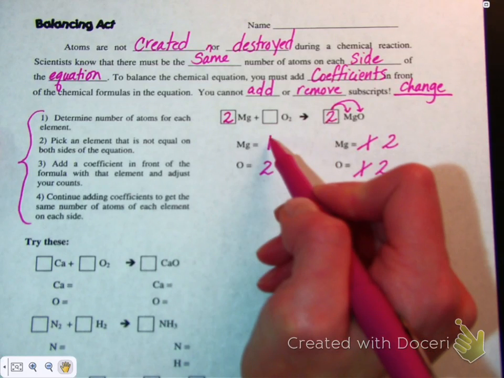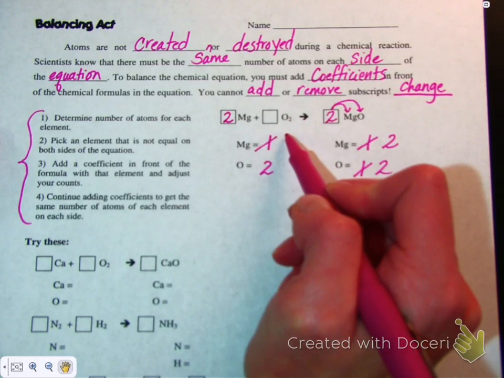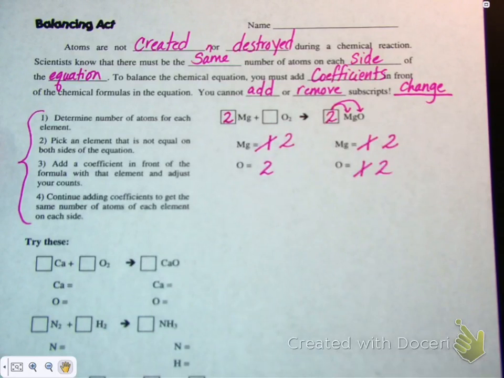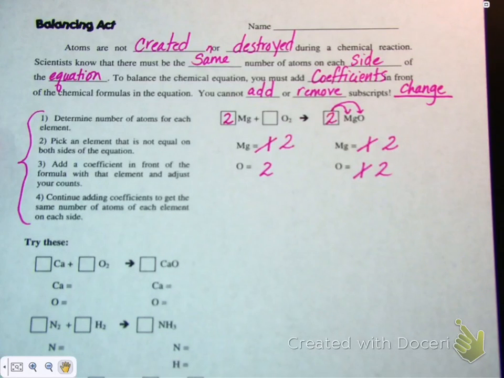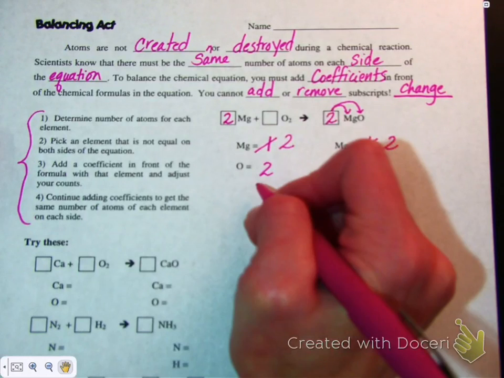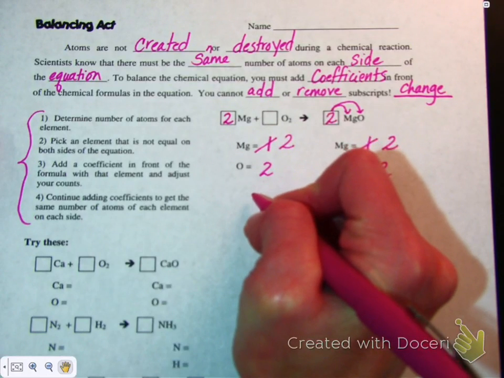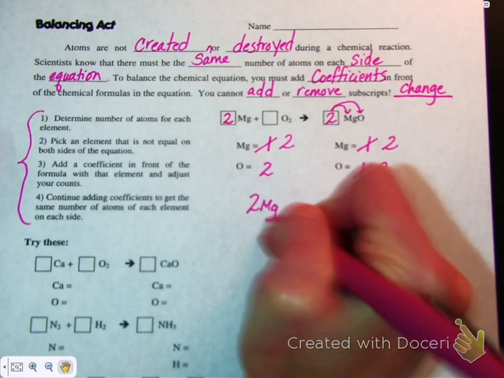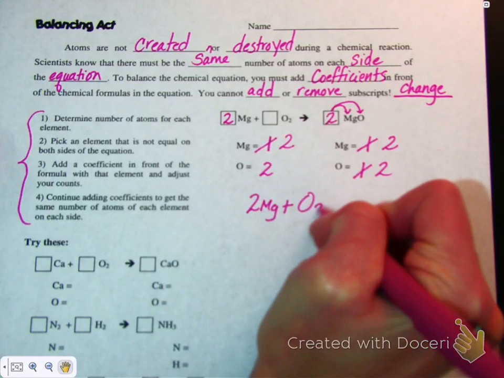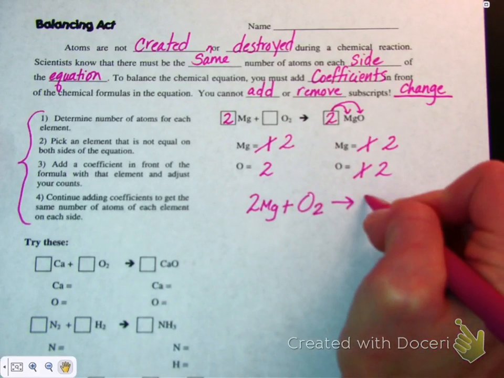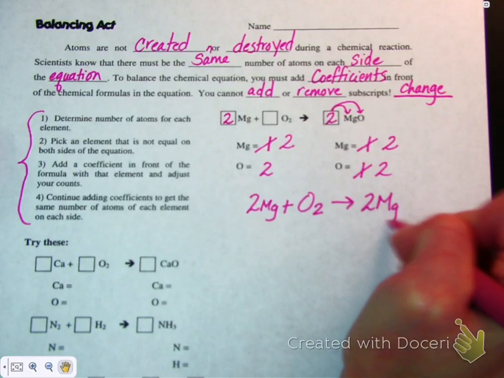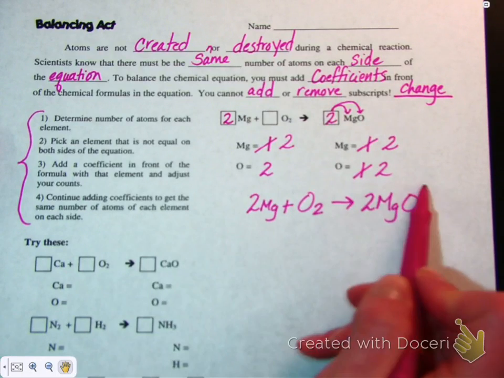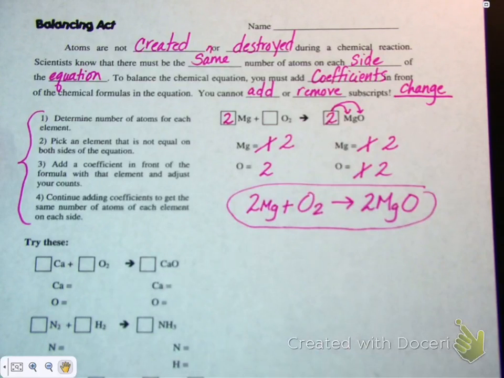So now how many magnesium do I have? 2. Is this equation balanced? Yes. So the correct formula for magnesium oxide, if we were going to write that equation out without all the boxes, that's what it looks like. Okay? And that's really all there is to it.